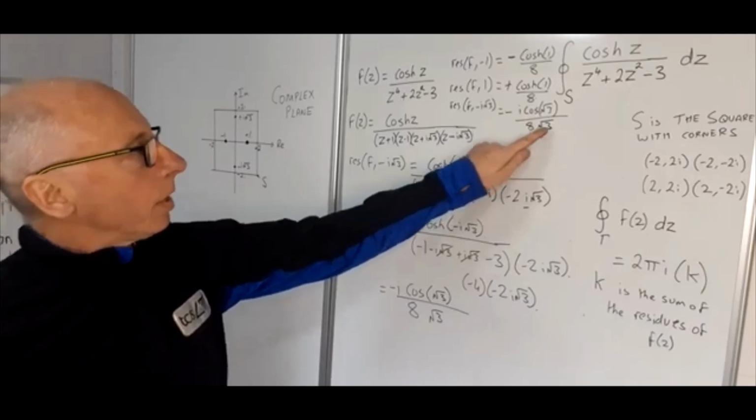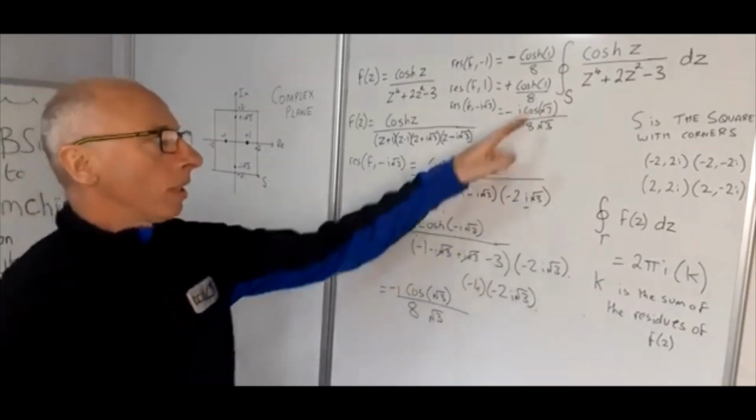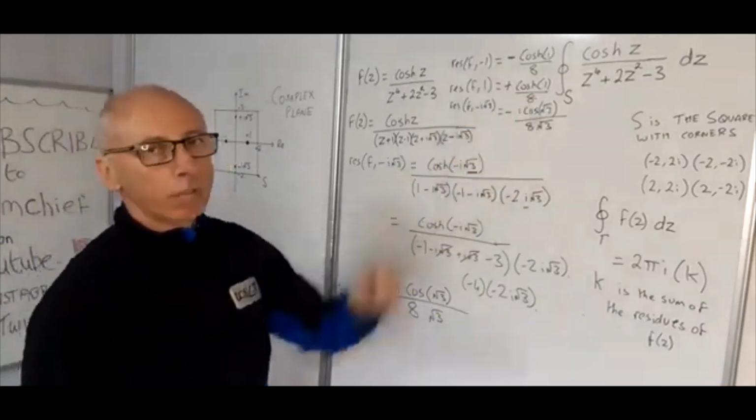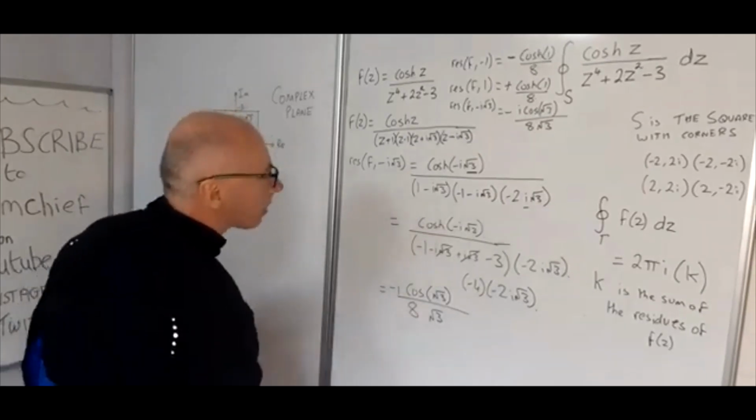Now, don't be tempted to try and cancel these square roots of 3. Square root of 3 there is the input for cosine, so just leave that one there where it is.